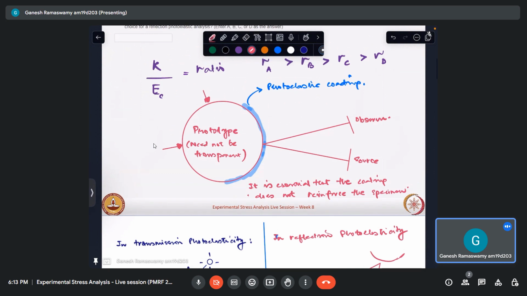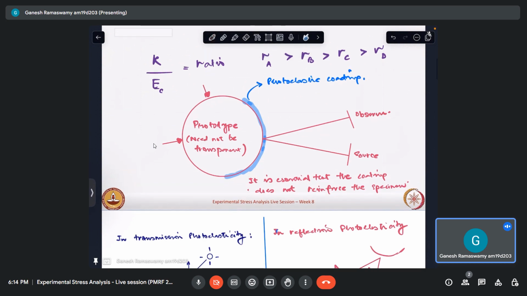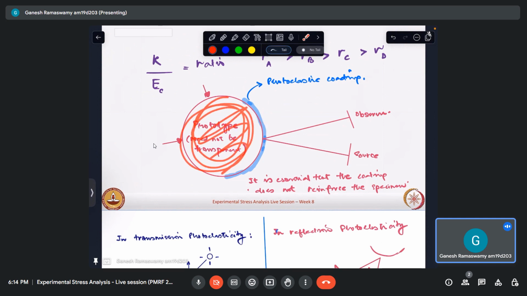Now, if this coating has a strength that is higher than the prototype itself, it will start providing reinforcement to that. And when we apply the loads, it participates in the load sharing in a much more dominant fashion, so we are no longer studying the mechanics of this prototype, but rather the coating is also playing a part in it.